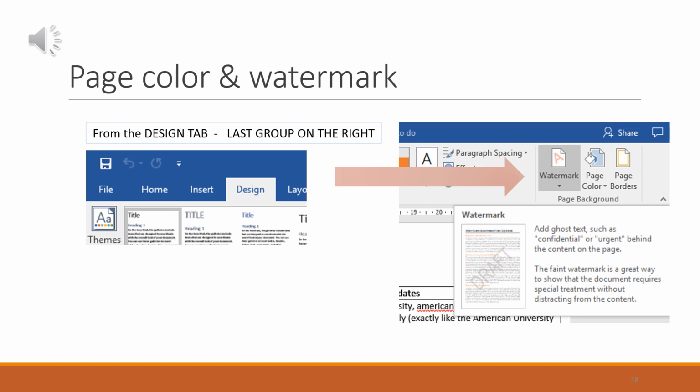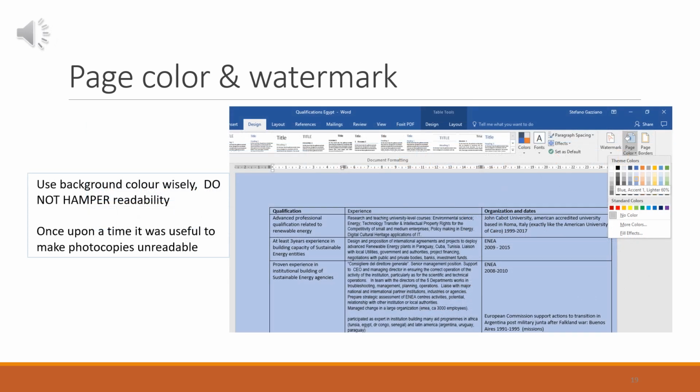We have already done the watermark. There are also page color and page borders. My real recommendation here is use background color wisely. Do not penalize, do not hamper readability. People that want to read your paper should be already rewarded and commended, and you should be grateful for them reading your paper.